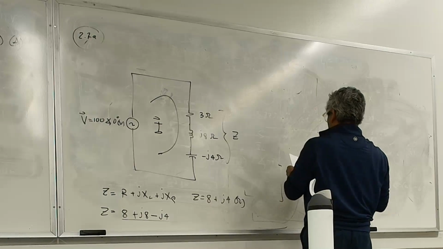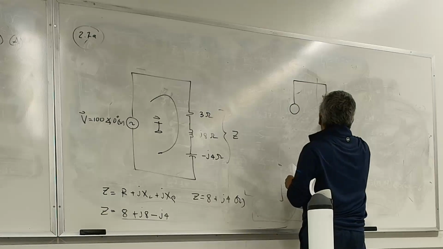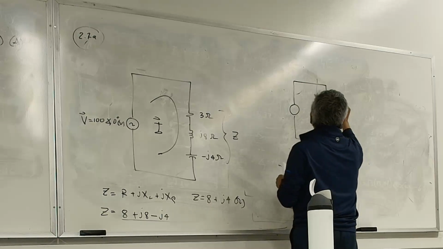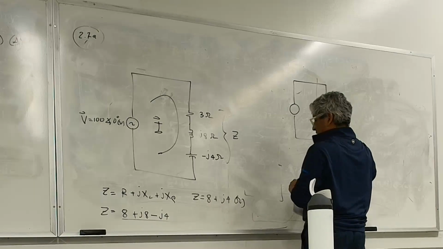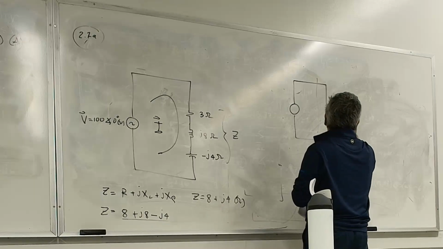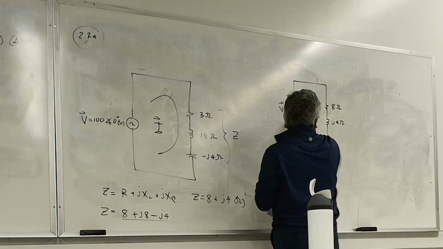So we can say then, if you want to, you can draw it this way. Now, you don't have to. And this is 3 ohms, and this is j4 ohms, right? And here's my I, and here's my V.